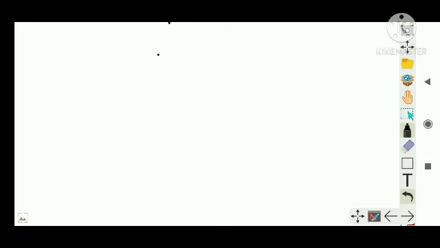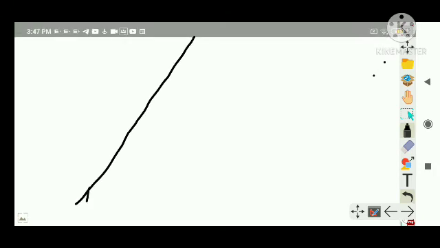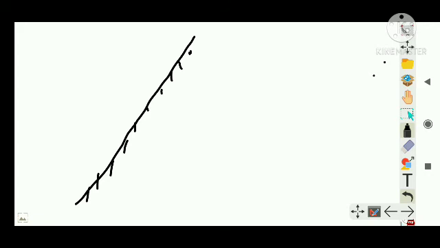Now let's take another example, guys. Say this is our mirror, and the object is here at O, at 2 centimeter.